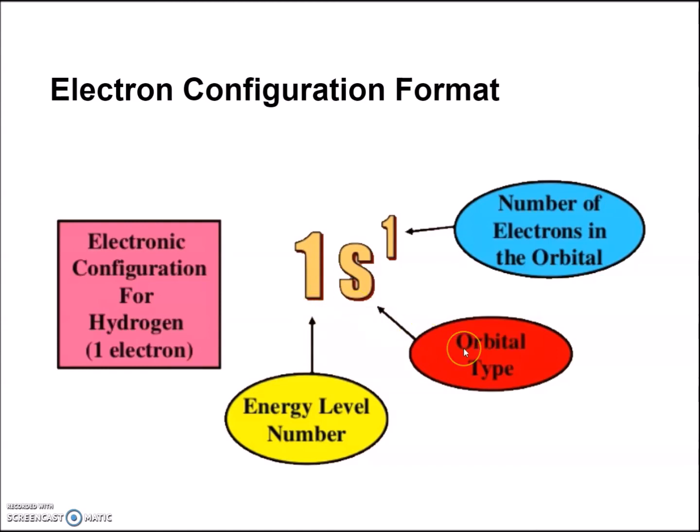Then it lists the type of sublevel or orbital type. If it's starting with s, then that means 1s. And then we're going to write a superscript, small text to the upper right of the letter, which lists the number of electrons within that orbital.